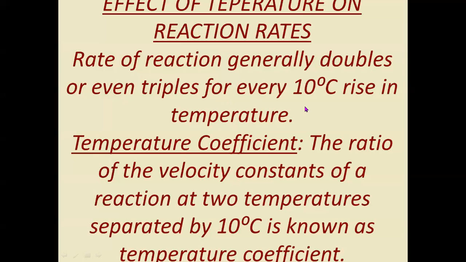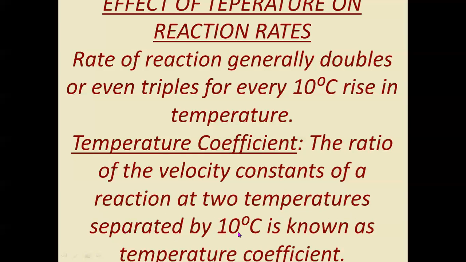Now we will discuss the next topic, temperature coefficient. The temperature coefficient is nothing but the ratio of the velocity constants, that is, the rate constant K, of a reaction at two different temperatures which are separated by 10 degrees.